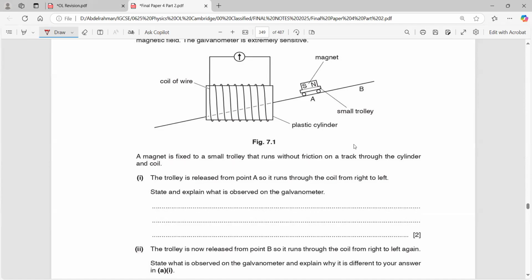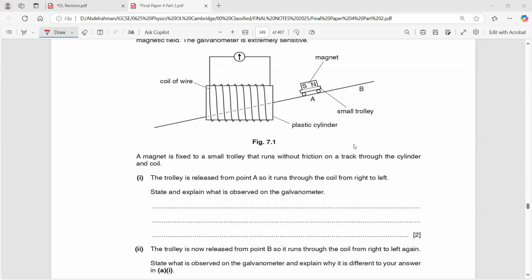As the magnet moves through the coil, what happens? What happens is that the magnetic field lines cut the coil, inducing a current in the coil, causing the galvanometer to deflect.